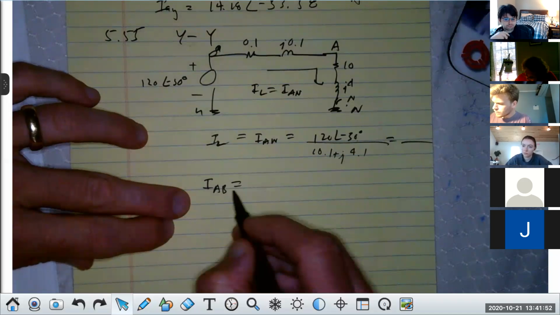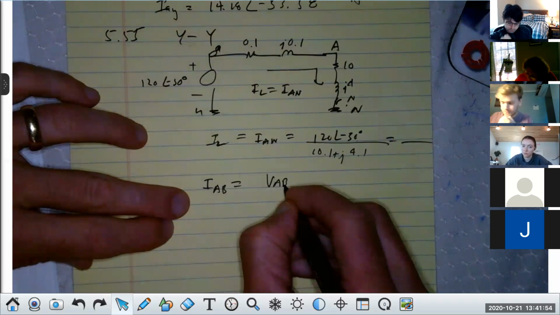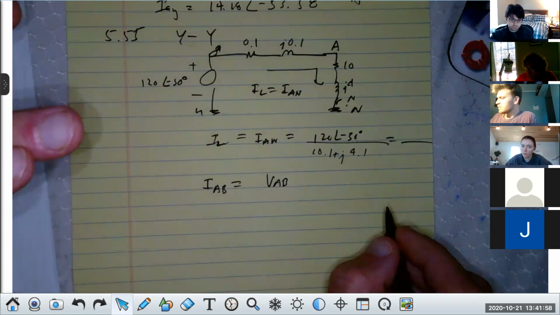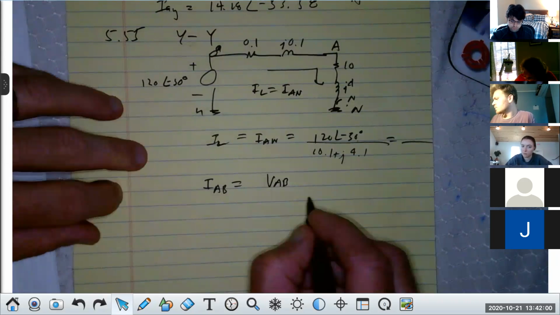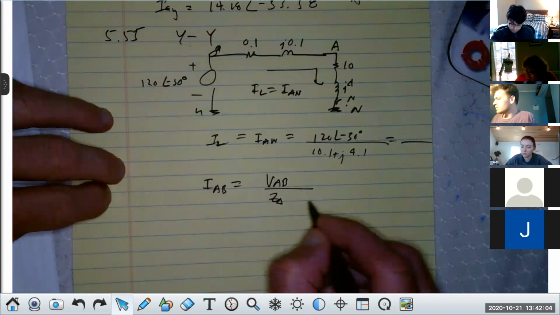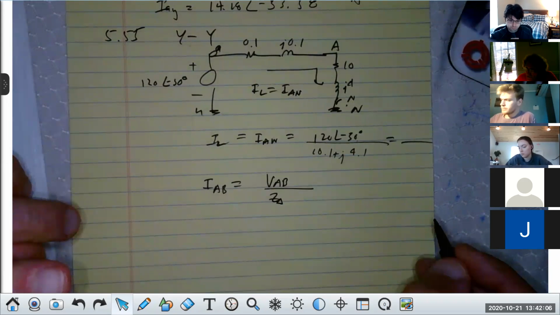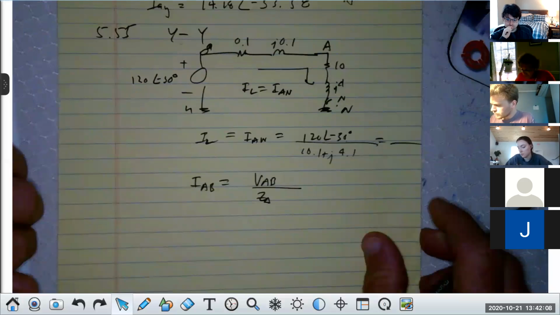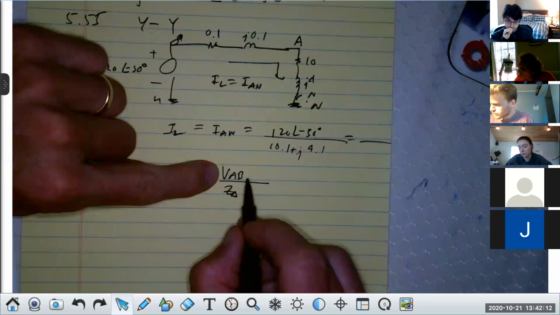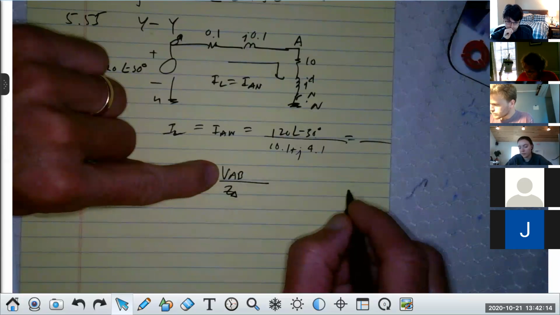Technically, this would be VAB, the delta voltage at the load, divided by Z delta, right? Now just listen to me carefully. I'm going to prove to you something you're going to use over and over again.